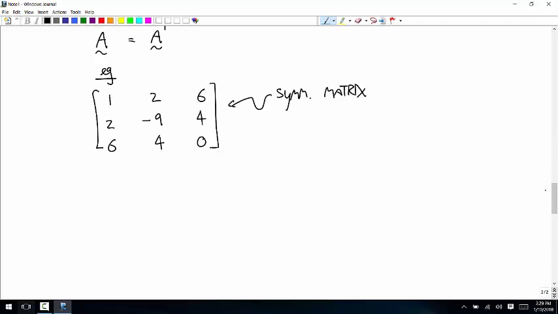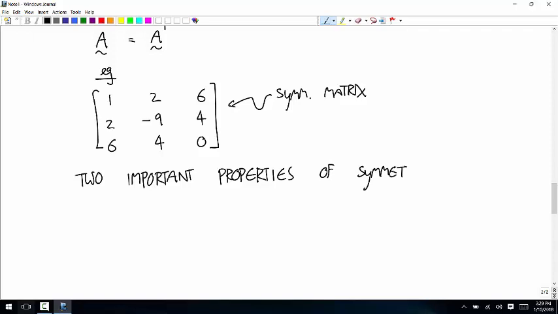There are two important properties of symmetric matrices. The first one is, well, let's just talk about 3x3.